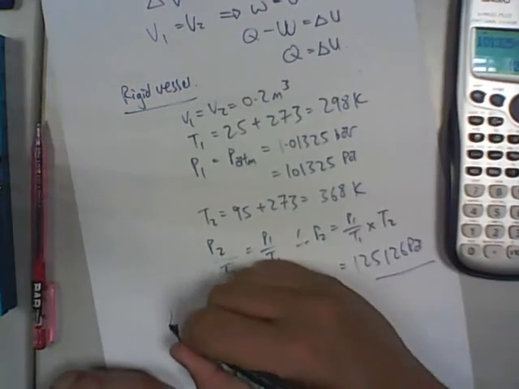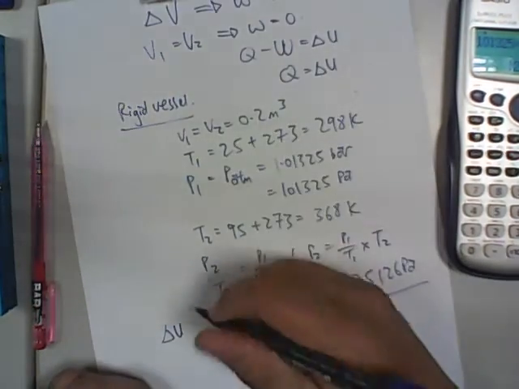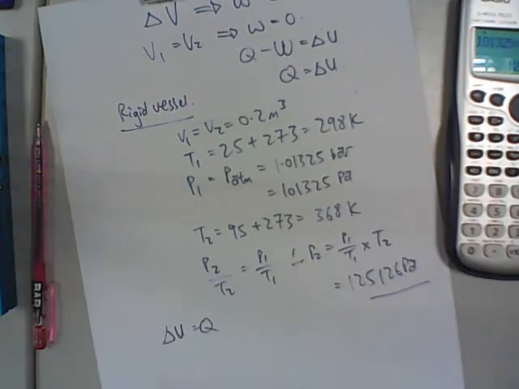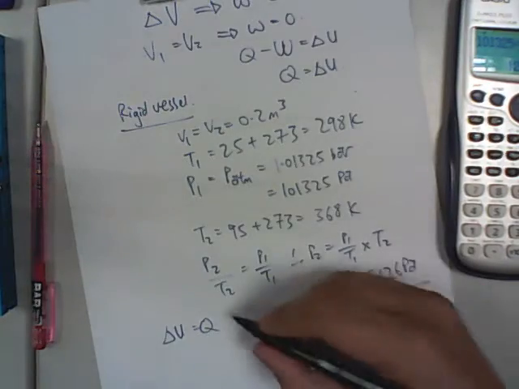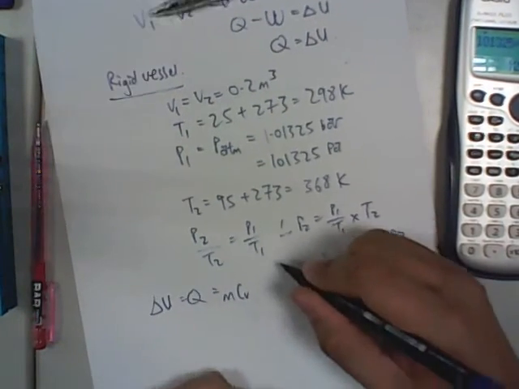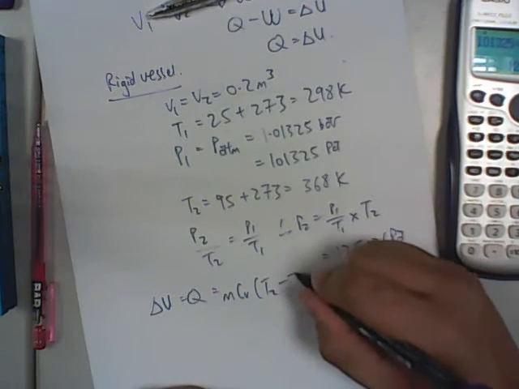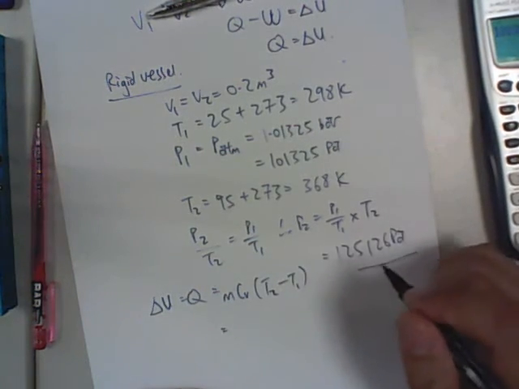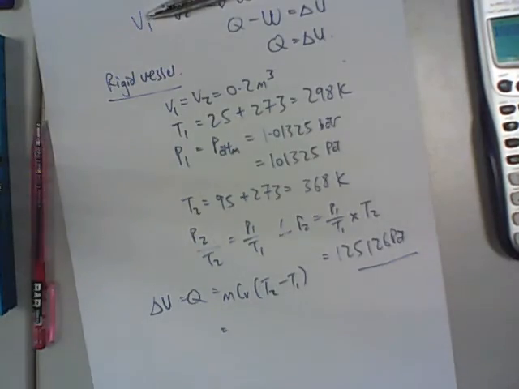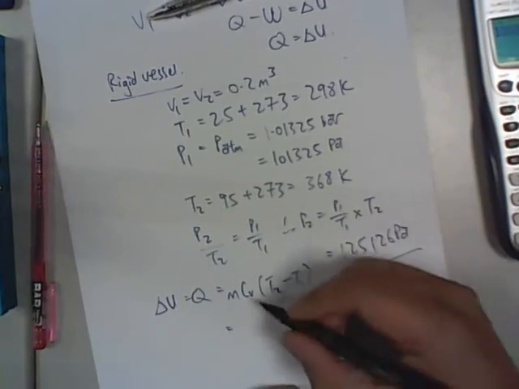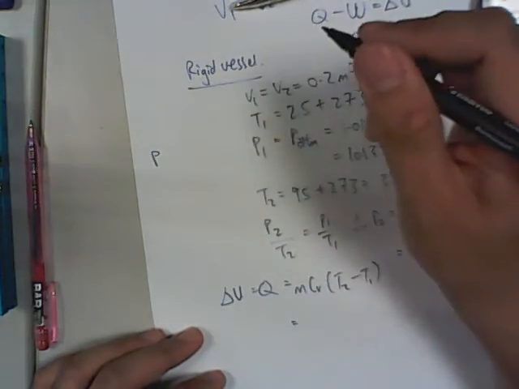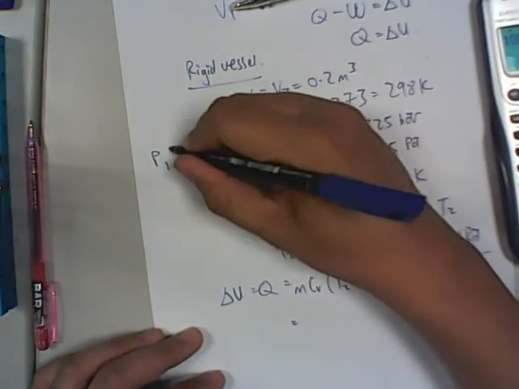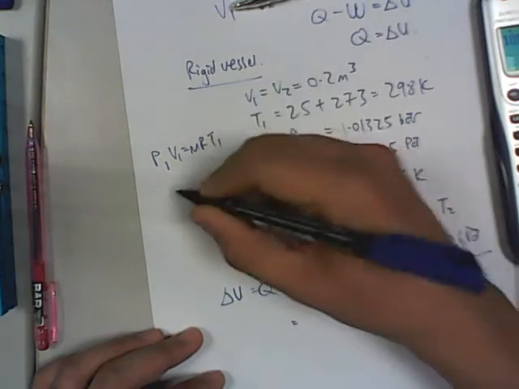And your change in internal energy is the same as your Q. So constant volume, which is mCv(T2 minus T1). We do not have mass, right? So we find it. First, P1V1 equals mRT1.